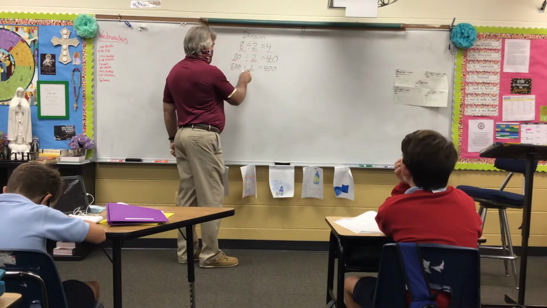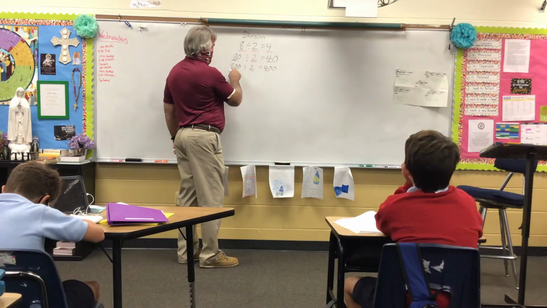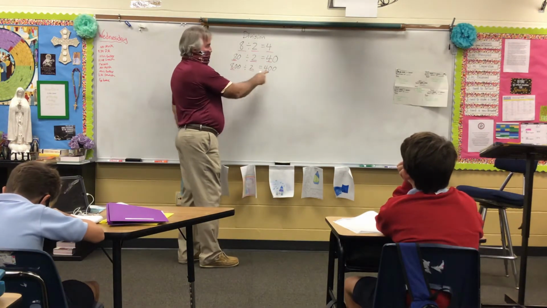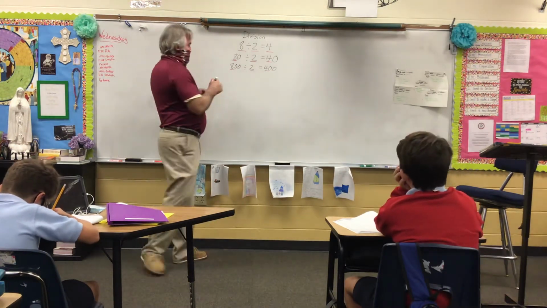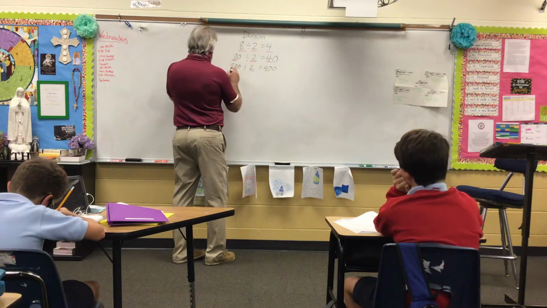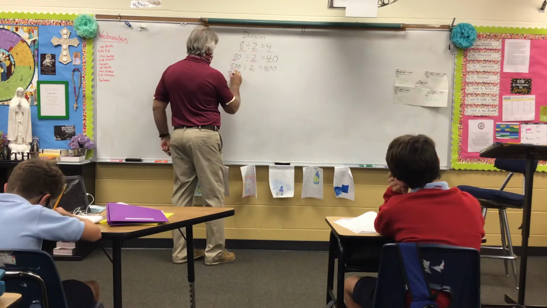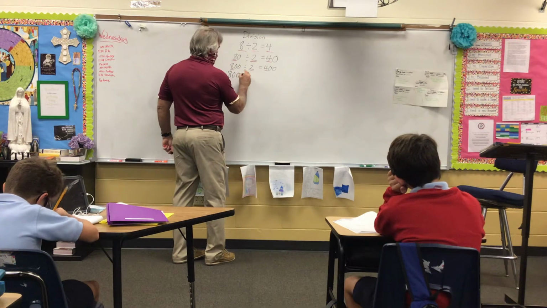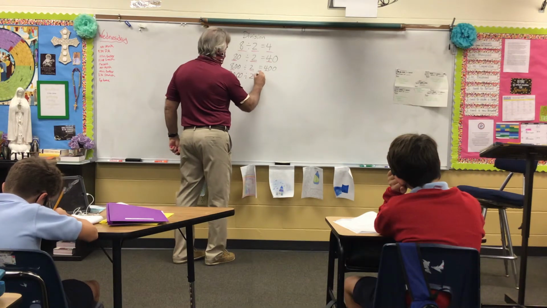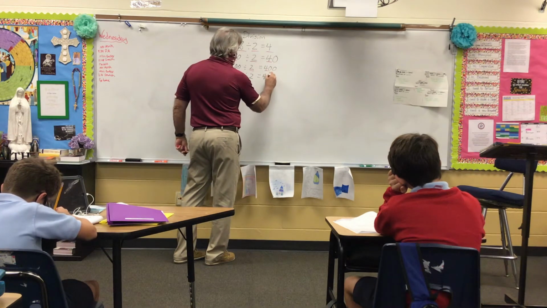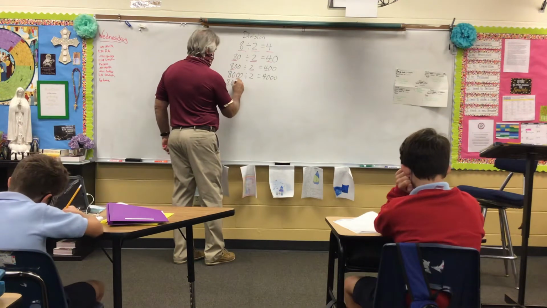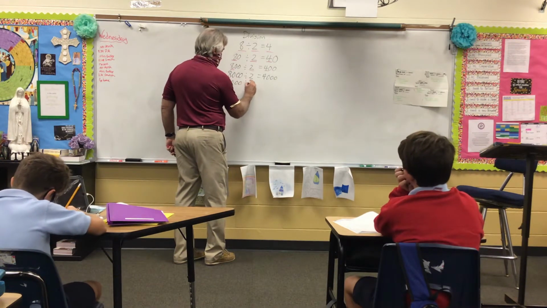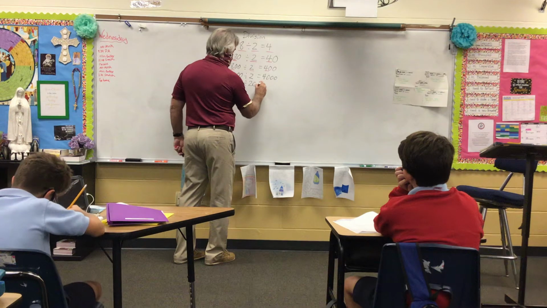You have 8 divided by 2 is 4. You have 2 zeros here, so you bring the 2 zeros over. That's simple. Now, let's do a couple more. 8,000 divided by 2 equals 4,000. Okay? Let's do 8,000 divided by 20.